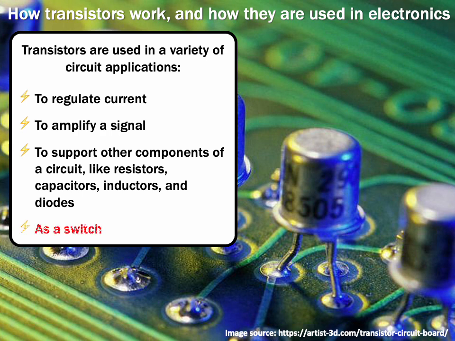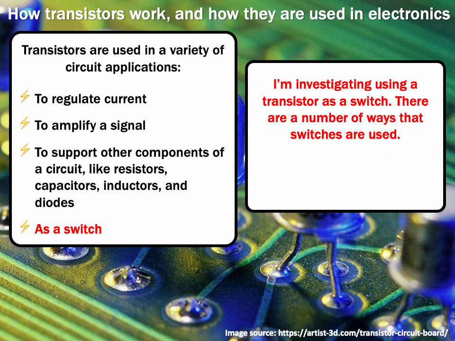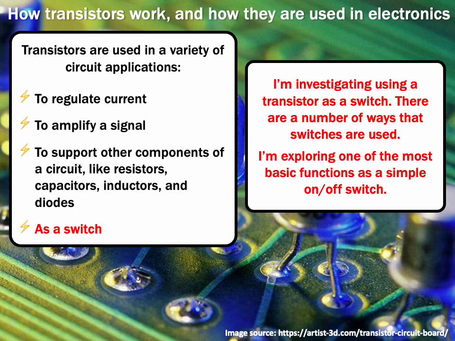I'm looking at them when they're used as a switch, as in an on-off switch. I'm looking at just really that basic function, turning something on, turning something off. What I'm going to be putting together doesn't really have any useful application. It's just exploring how they work.